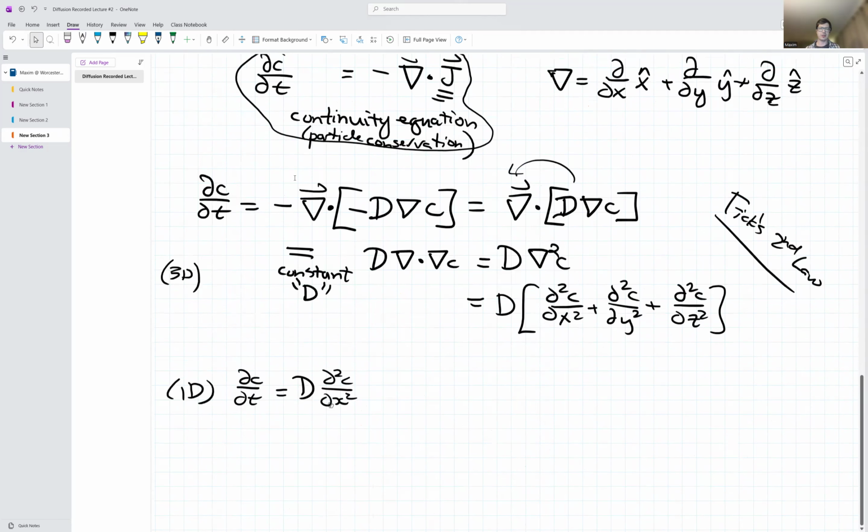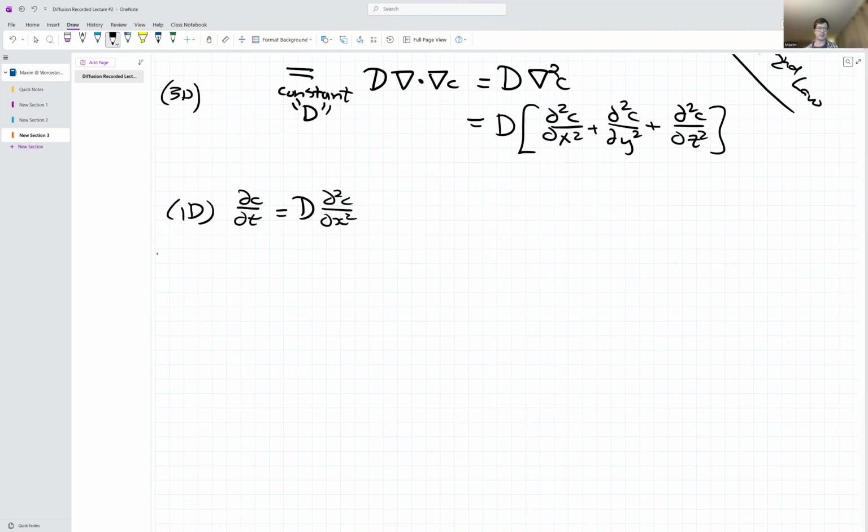So a typical example of the first law, usually you have some kind of steady state situation. So imagine we have a plate of iron like this, an iron plate. And imagine we're trying to embed carbon into this plate to make steel.